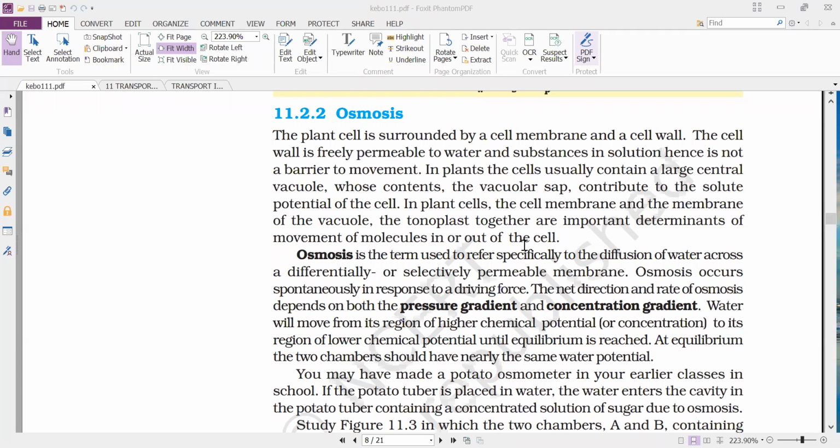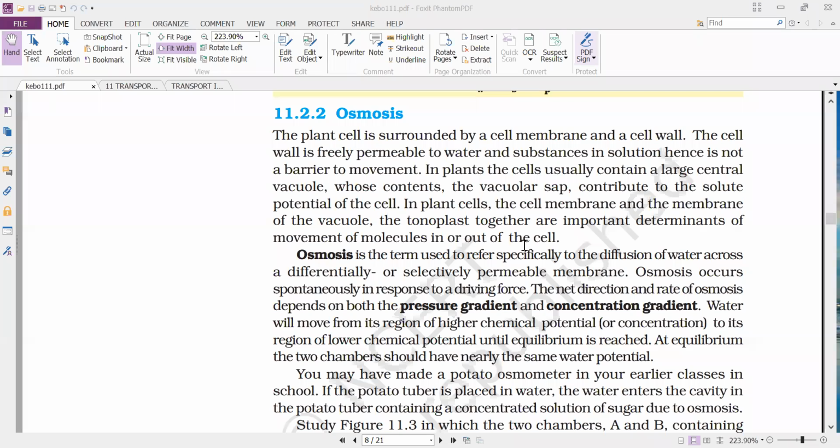Which molecules have to enter into the cell and which molecules have to move out of the cell is determined by the cell membrane and the tonoplast. These two membranes are selectively permeable membranes, and they determine the movement of molecules across the membranes, which molecules have to enter and which have to leave the cell.